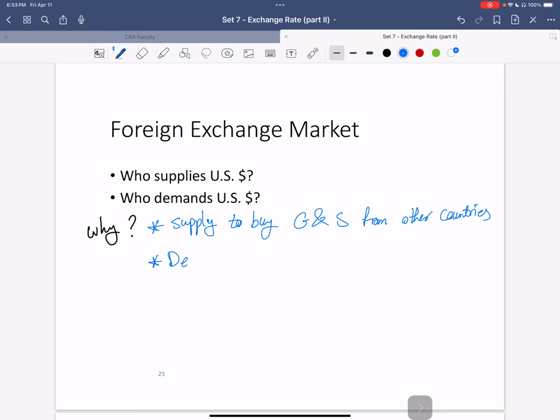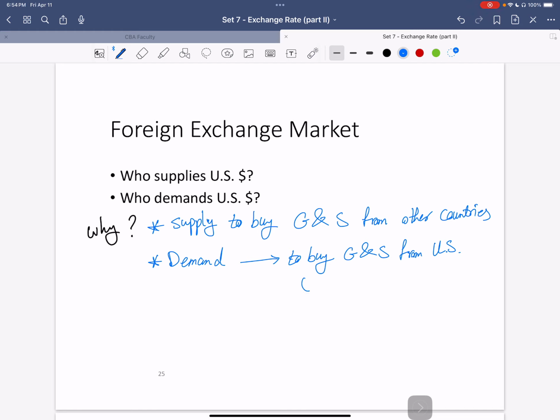And the demand exists first to buy goods and services from the US.